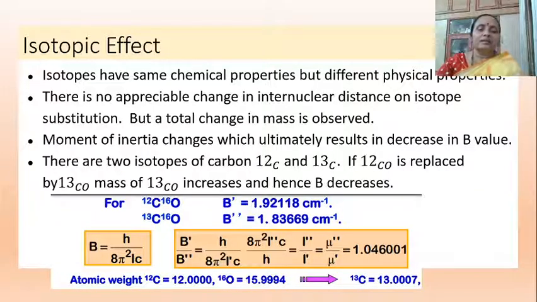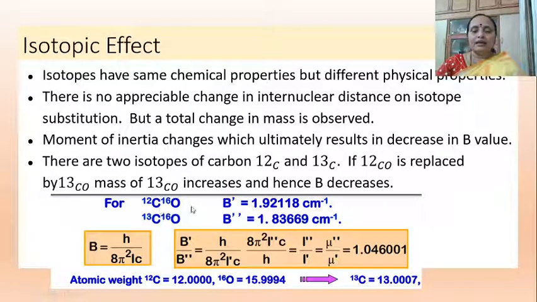Considering carbon monoxide, we know there are two isotopes of carbon, carbon 12 and carbon 13. If carbon 12 in carbon monoxide is replaced by carbon 13, the mass of carbon monoxide is going to increase. And as the mass increases, there is a decrease in the rotational constant.